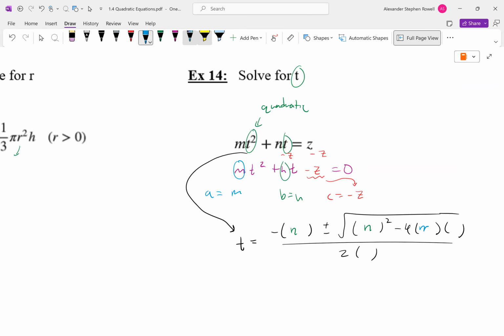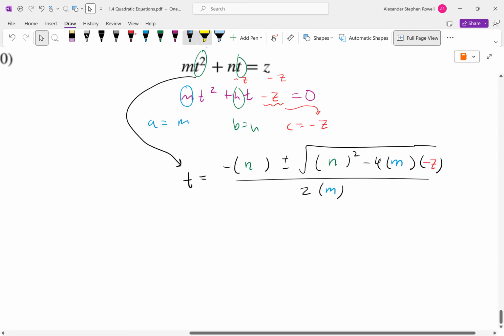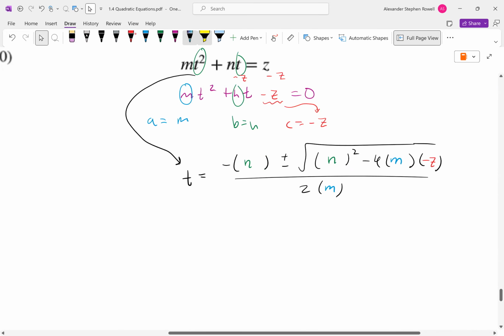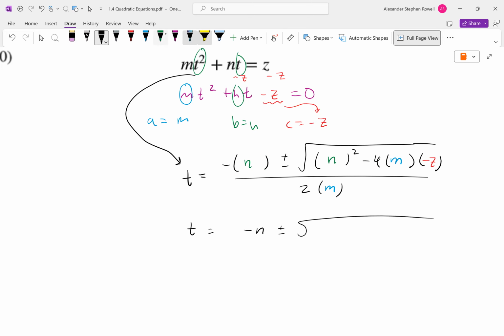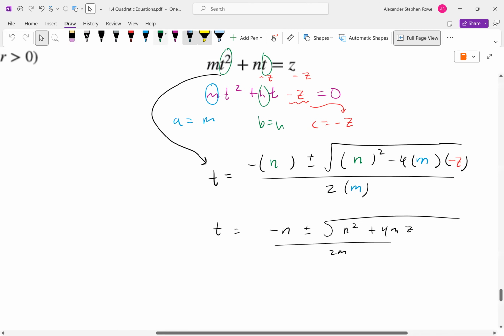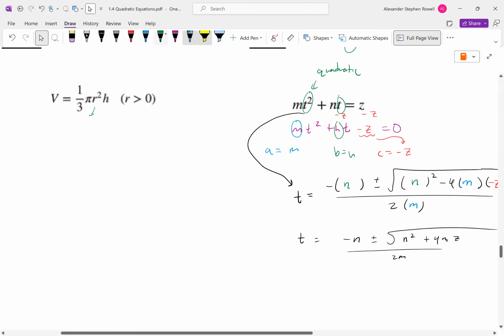I'm going to plug it in blue. And c is negative z. So this is actually better than with numbers. Do you believe me? Why do I say this is better than having numbers? Yeah, I can't really simplify, right? Plus 4mz, and I'm done. All right. Any questions about this?